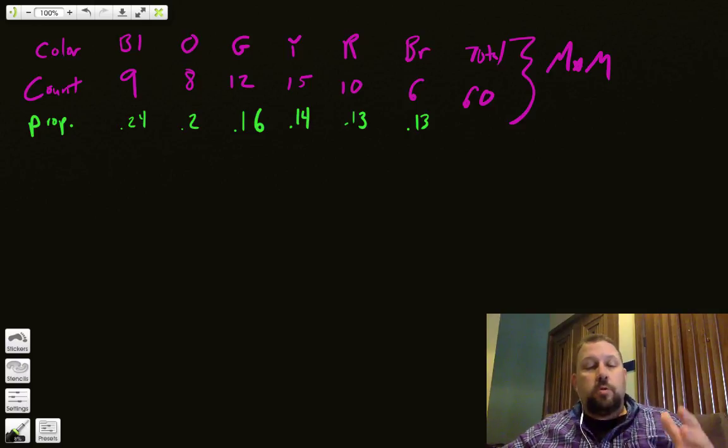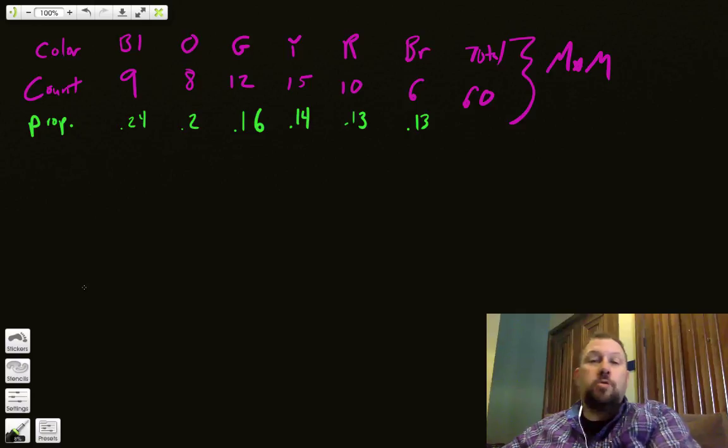And what we're going to do when we're doing tests like this is check to see: is what we have consistent with what it's supposed to be, or what's expected, at some level? So in this case, we're going to see if the count that we're seeing here is a good fit for what it's supposed to be. In order to do that, I need to take this 60 and multiply it by every one of those values.